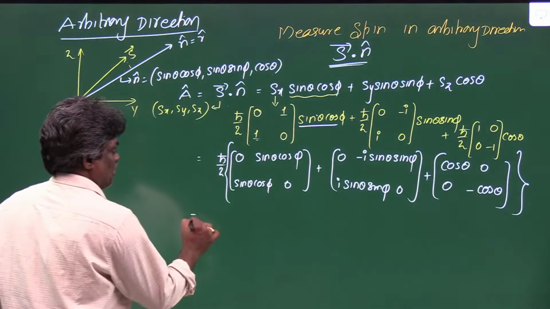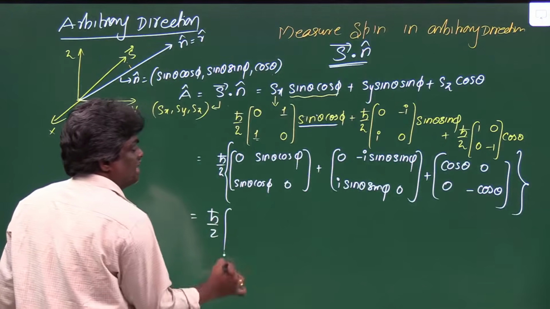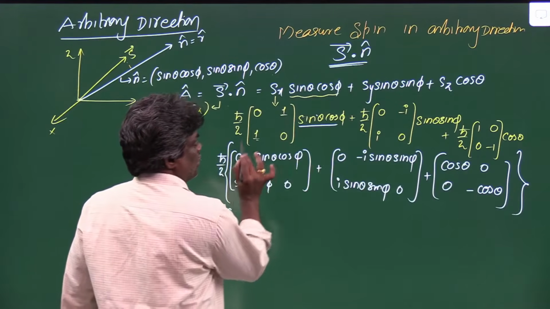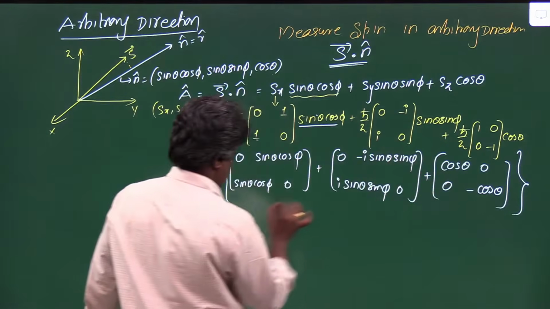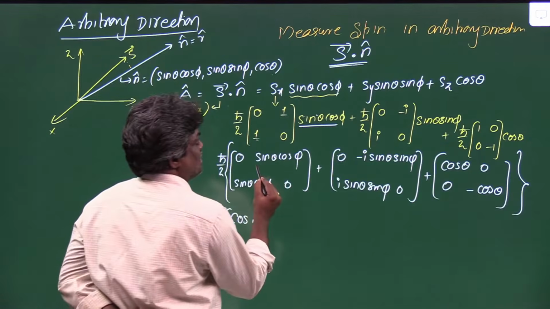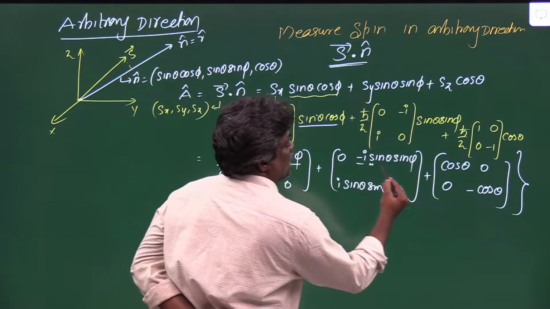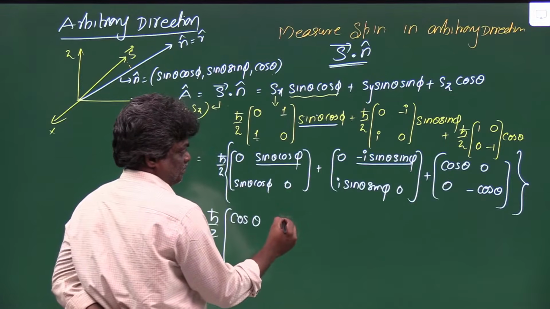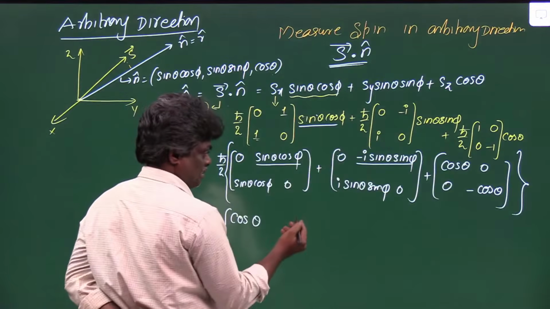Now h cross by 2, I am adding the matrices. Not at all difficult. Adding the matrices: 0 plus 0 plus cos theta, cos theta. Next, sin theta cos phi minus i sin theta sin phi.